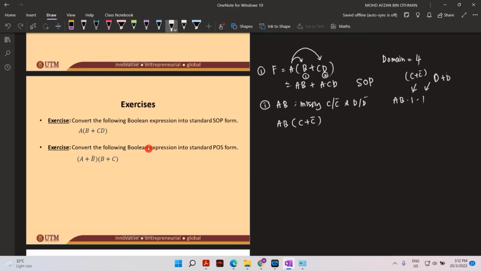Sebab tu dia jadi macam ni. Next, kita kembangkan yang ni dulu. So kamu akan dapat ABC plus ABC bar, and then D plus D bar. Then kamu expand lagi. Kembangkan lagi.